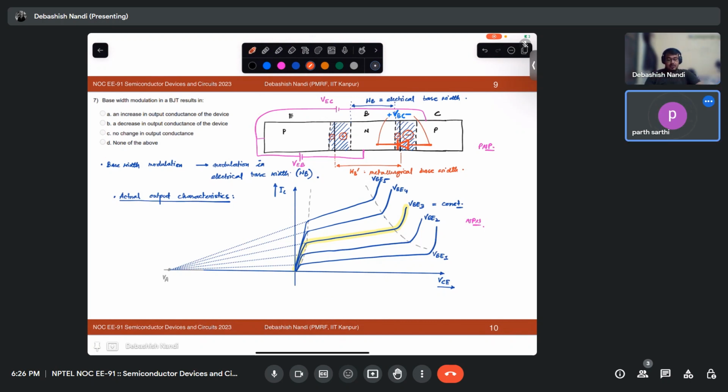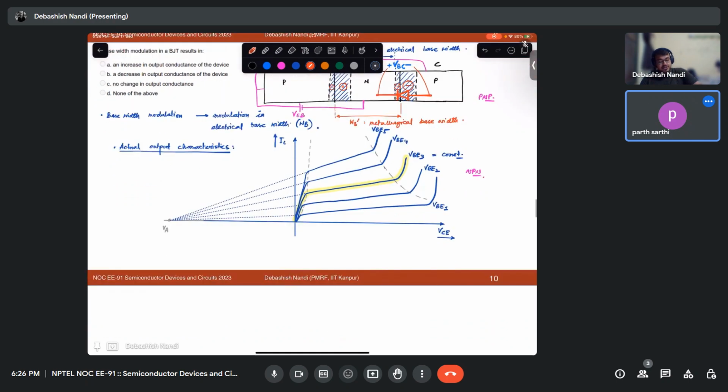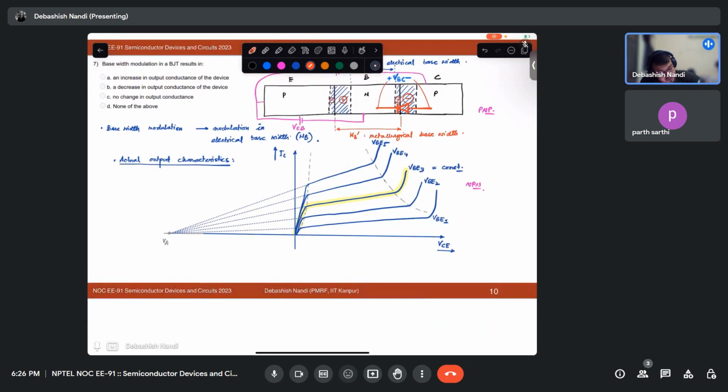Yes, sir. So now assume that you are increasing VCE. That means you are standing at this point and now you are moving in this direction. Your VBE is fixed and you are increasing VCE.